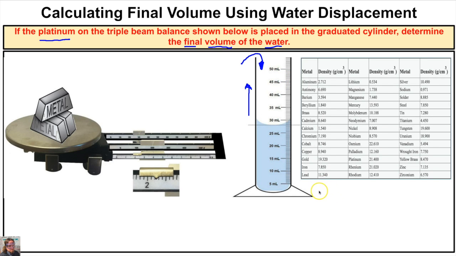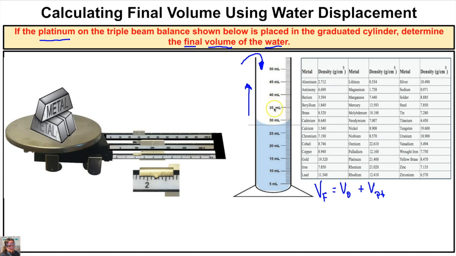So let's think about this. The final volume, or VF, of the water that is going to be in this graduated cylinder is going to be equal to the initial volume, we'll call V naught, plus the volume of our platinum metal. Right? So stop and think about that.